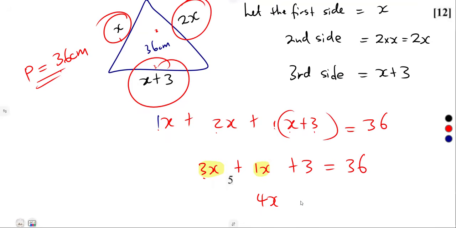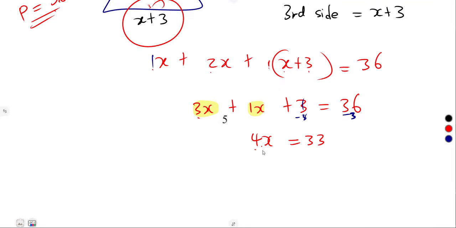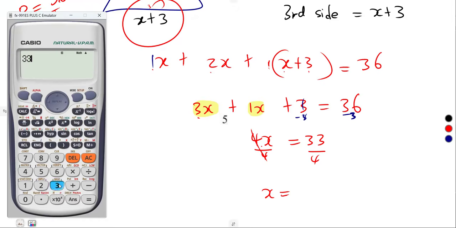So 4x is equal to, get rid of this 3, simply subtract 3 both sides. 36 minus 3, that's 33. So to find x, simply divide, as we have a product here. So x is 33 over 4. 33 divided by 4, and that is 8,25.